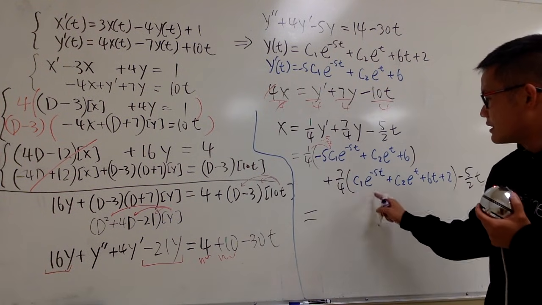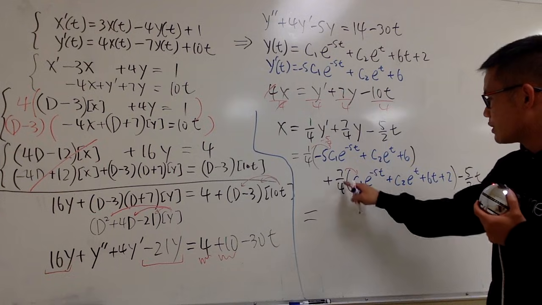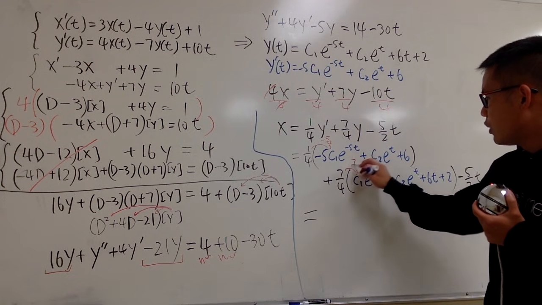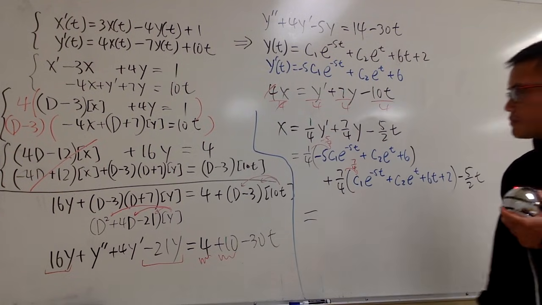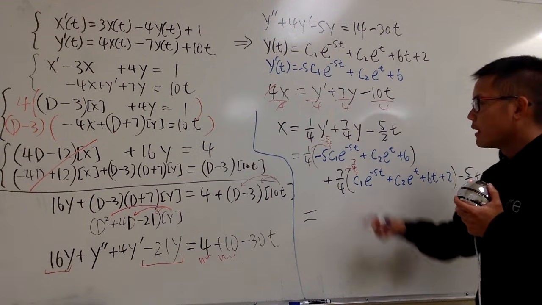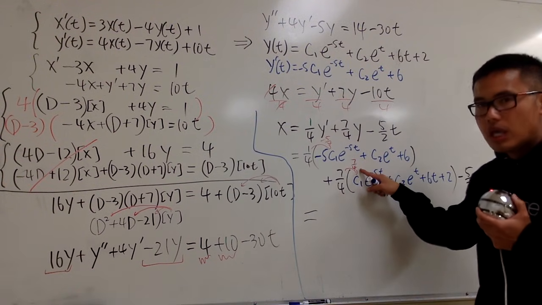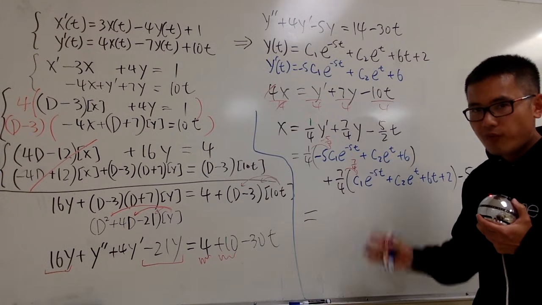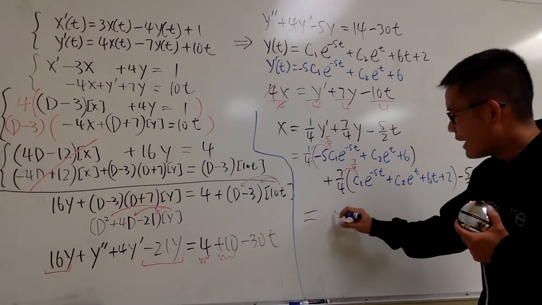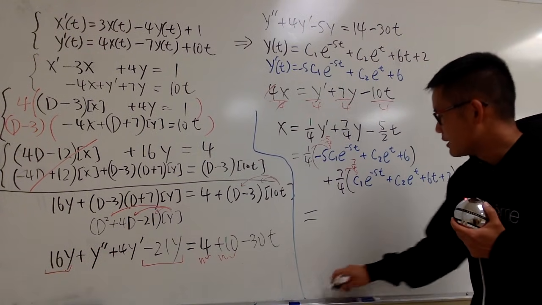And this and that will be the same term, right? And you just multiply this and that, which is 7 over 4 c1. So check this out. Negative 5 over 4 plus 7 over 4 is 2 over 4, which you reduce to 1/2.